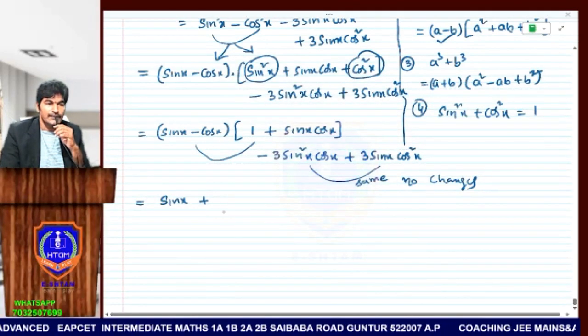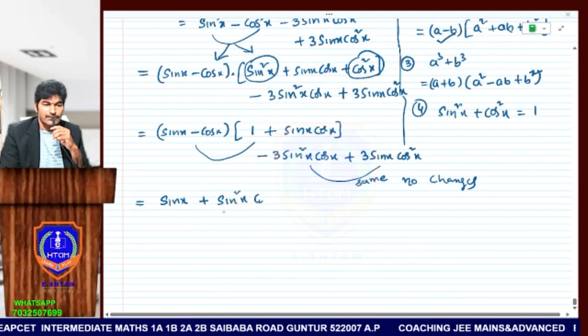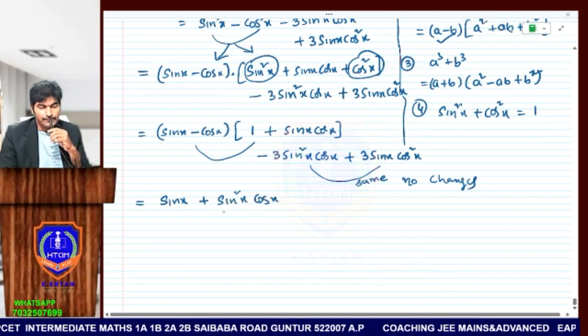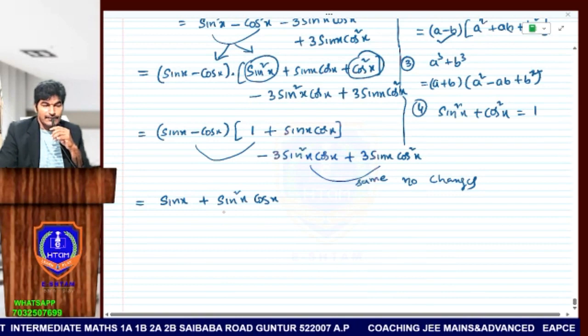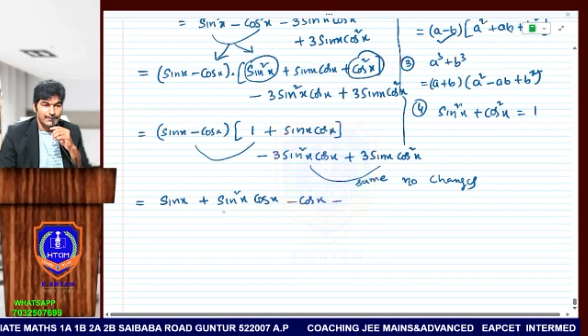Sin x into 1 is sin x. What after that? Sin square x into cos x. And what was next? Cos x, minus cos x. And next?